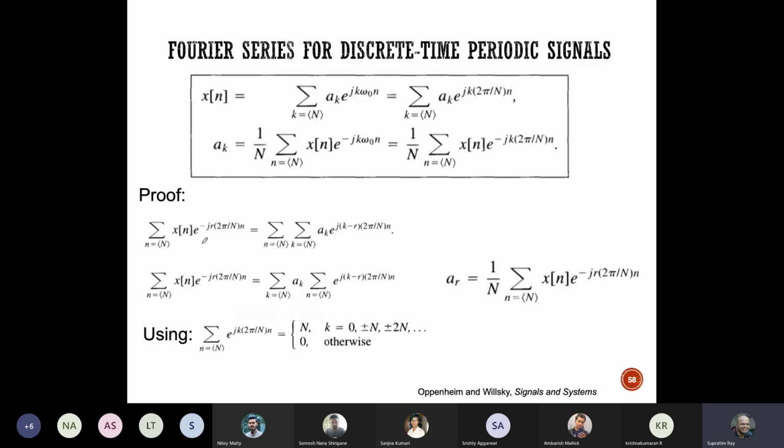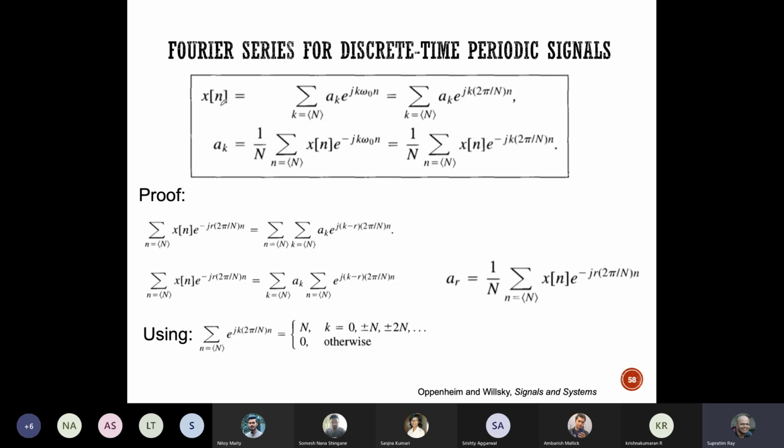So I say I want to find my a_k. So I take my signal x[n], which is given by this a_k formula.